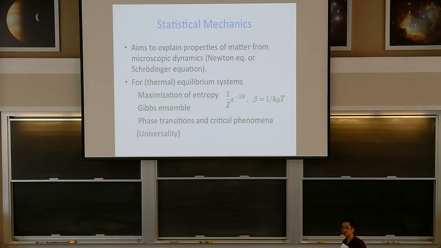Also in probability theory, especially for stochastic systems, we sometimes talk about equilibrium measures, which usually means stationary or invariant measures.